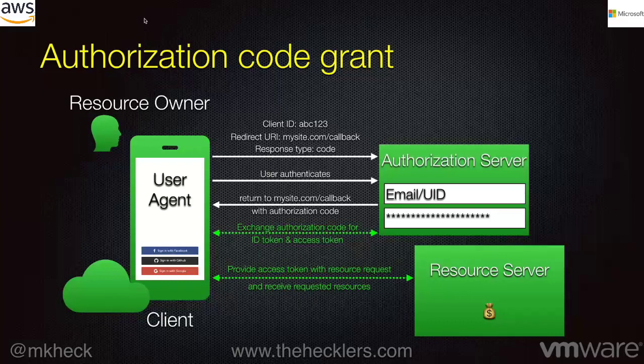You also have the implicit grant, which was originally created for browsers and user agents where you weren't 100% sure they could be secure. It was kind of a compromise. We have the authorization code grant, where you were fairly confident that you would be secure, which separated the browser, the user agent authentication, from the actual client that would request access to the resources.